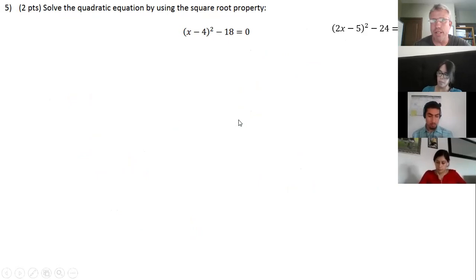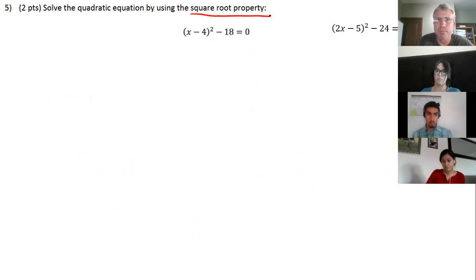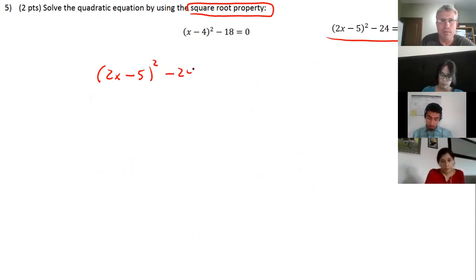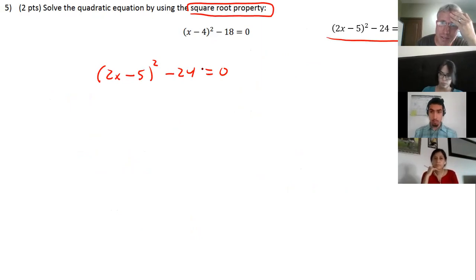So this was the other one I was asked about, solving using the square root property. So here's one that's like it. I made it a little bit more complicated than the one that's there, but it's essentially the same problem. And the square root property, this is one where on the exam, if you square this out and then use some other technique, you get a 0.